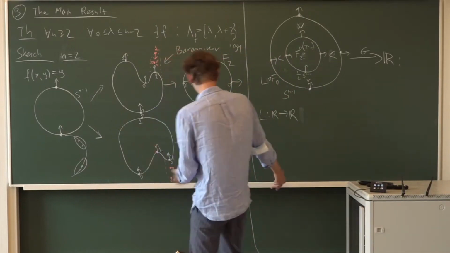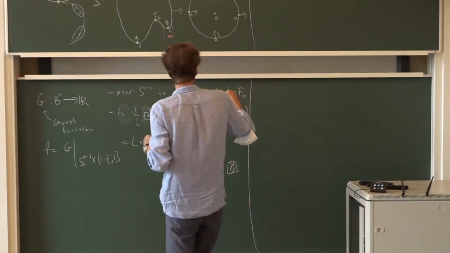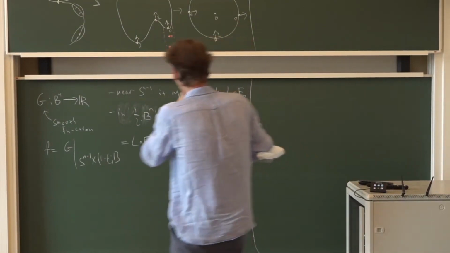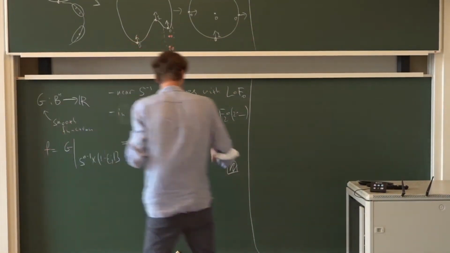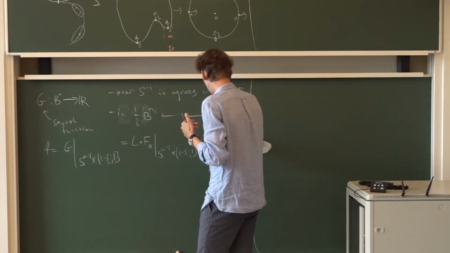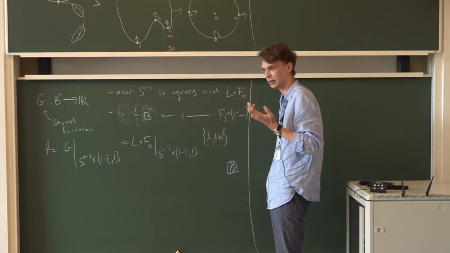That's pretty much it about the proof. I'm sorry, we only proved that for this function f, lambda and lambda plus 2 indeed can be the indices of some extensions.